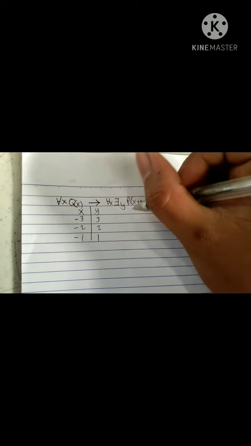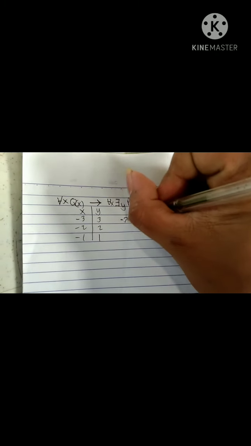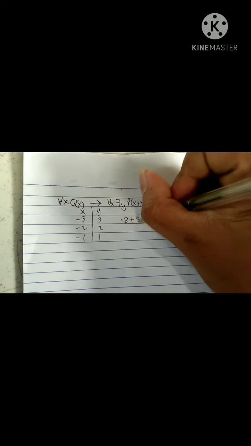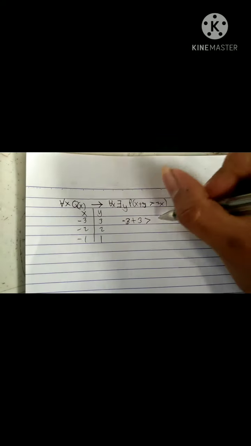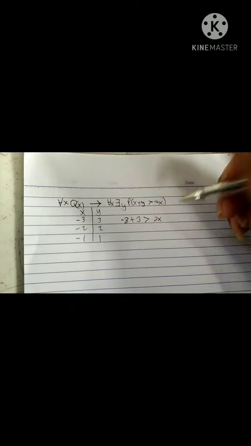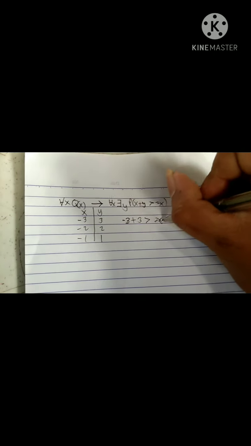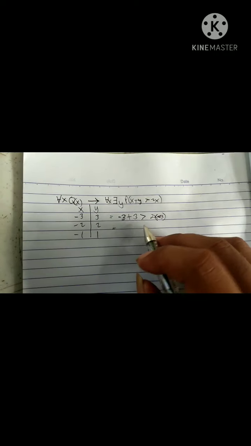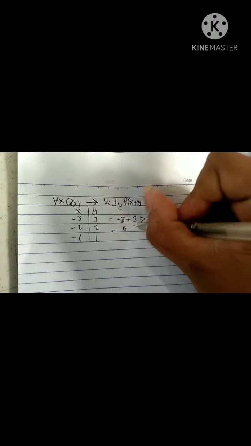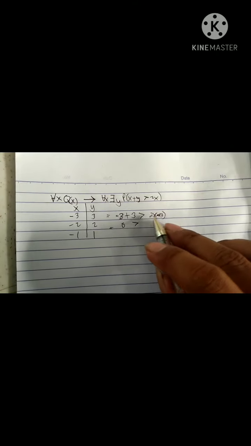So we will put the values of our x and y. Our x is negative 3: negative 3 plus 3 is greater than 2 times negative 3. Negative 3 plus 3 is 0, greater than 2 times negative 3, which is negative 6. So therefore it is true.